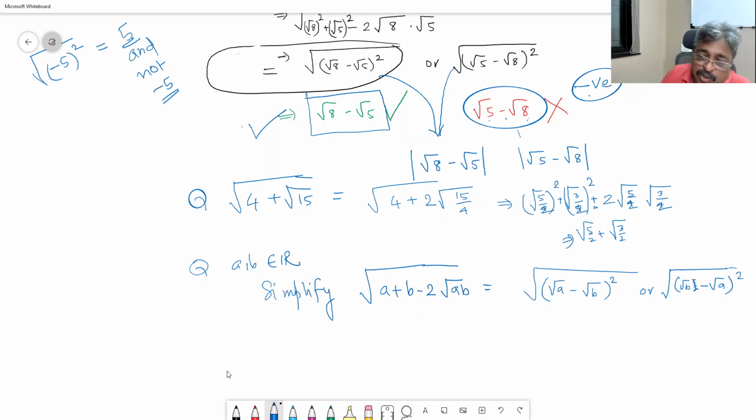But when it comes to reporting the answer, the moment I use this radical sign here, A must be greater than or equal to 0, and B must be greater than or equal to 0. So if A is less than 0 or B is less than 0, no solution.